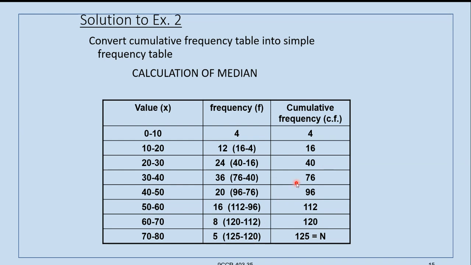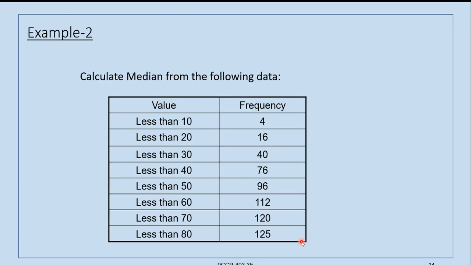Here, actually, this is the frequency. Again, we have to convert this into cumulative frequency for solving the problem. So actually we need not convert this anymore. For less than frequency, we need not convert the frequency to ordinary frequency.